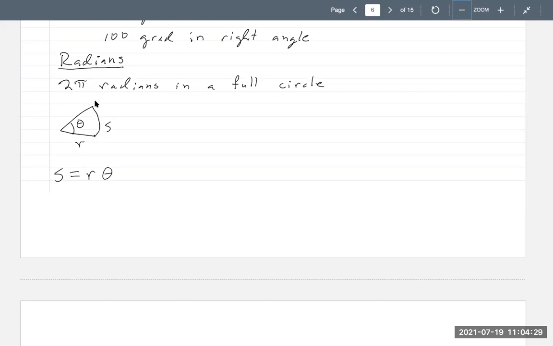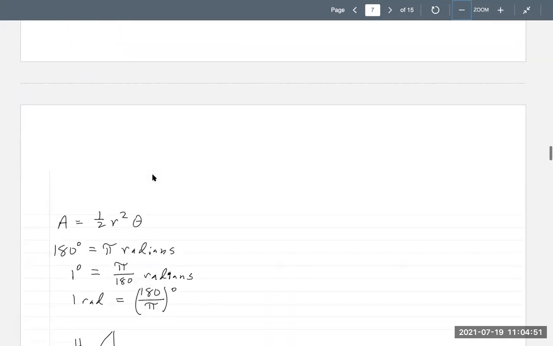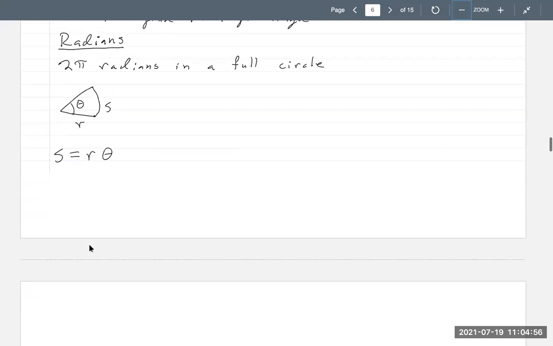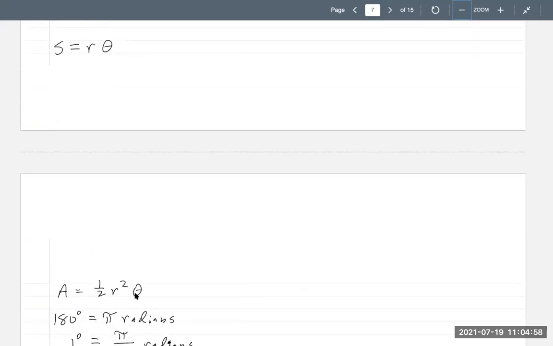The arc length, S, is equal to the radius, R, times the angle theta, so long as you're measuring in radians. Next, the area of the sector is 1/2 r squared theta.